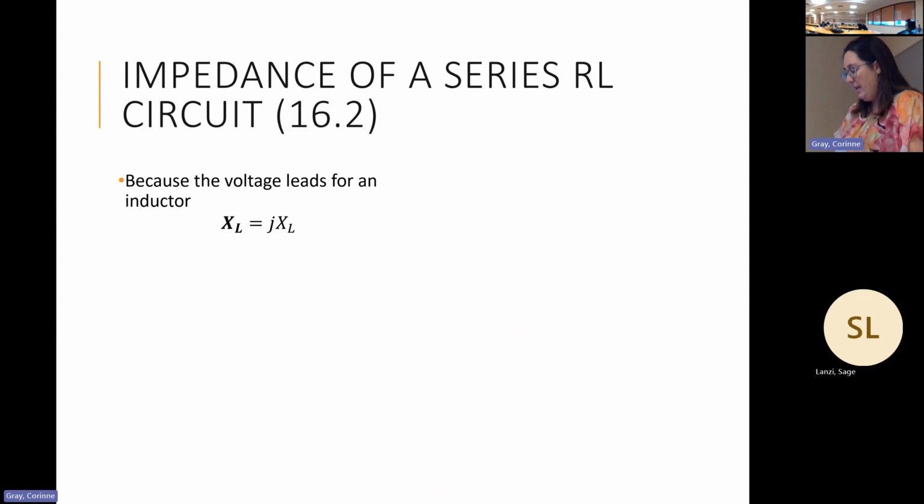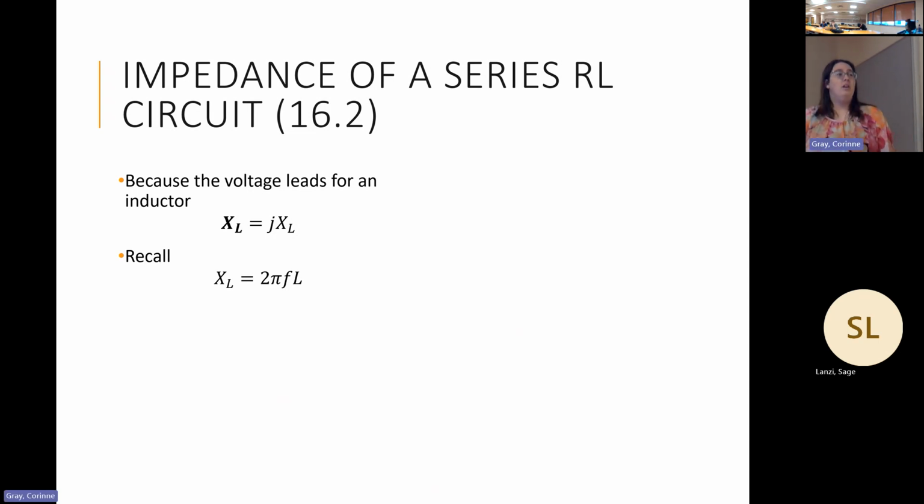So because the voltage is leading from the inductor, it is going to be positive jXL. Where again, our definition of XL is 2 pi times the frequency times the inductance value.